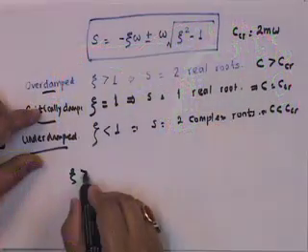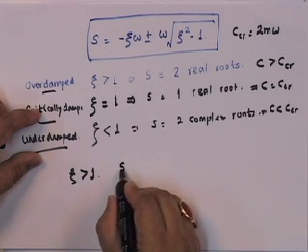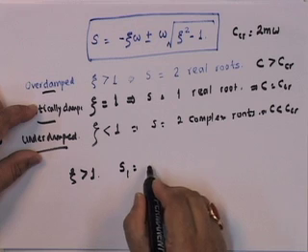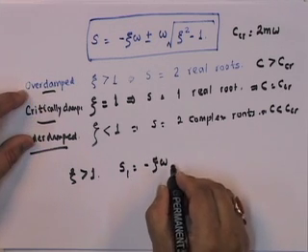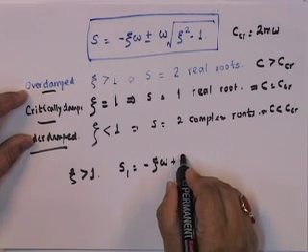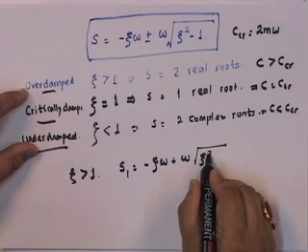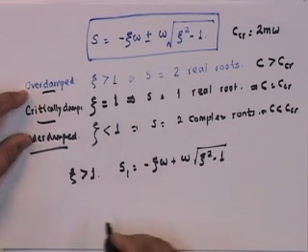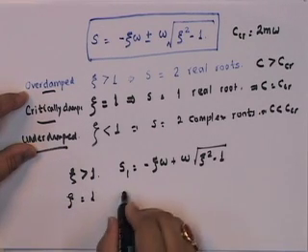Okay. So, let me write down those roots. So, if I have xi greater than 1, the roots S1 is equal to minus zeta omega plus omega into square root of xi squared minus 1.